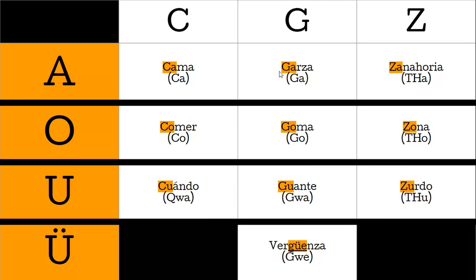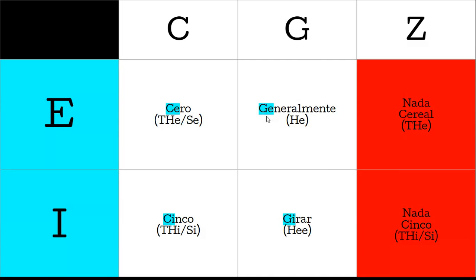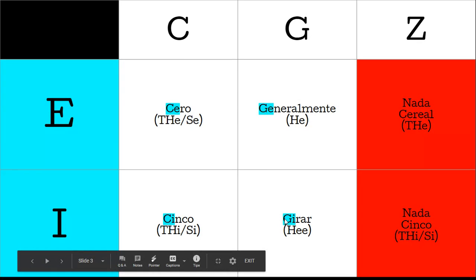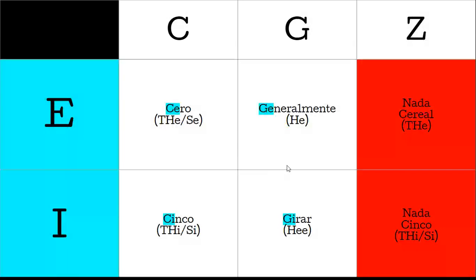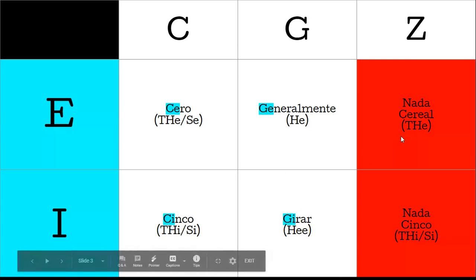The G: ga, garza, go, goma, gu, guante. And here, he, generalmente, girar. So those are soft sounds. Ga, go, gu, and here, he, generalmente, girar. Z's don't really mix with these letters at all. We'll get into that in a little bit.